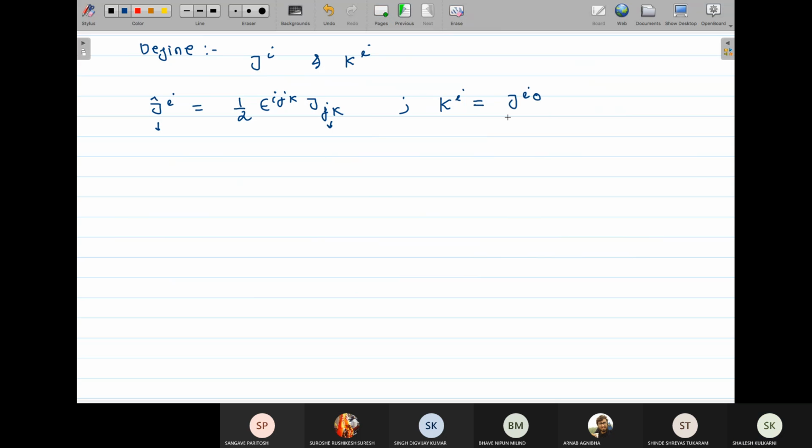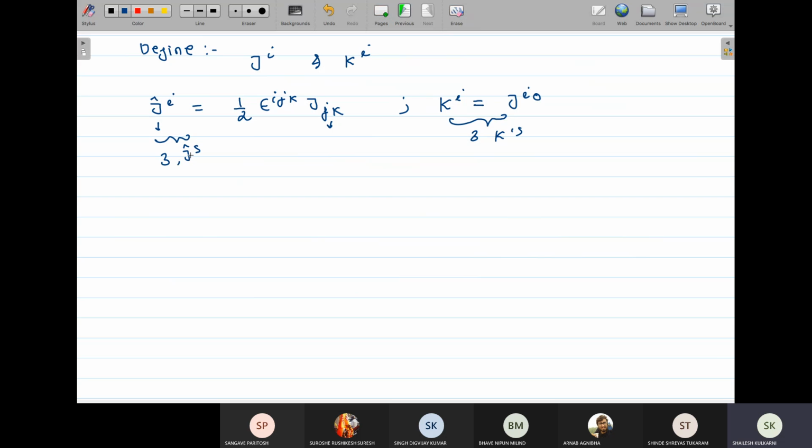Ji0. So how many matrices are there? No matter what happens, you should have 6 generators. I runs from 1 to 3, so there will be 3 Ks, and i runs from 1 to 3, so there will be 3 Js.